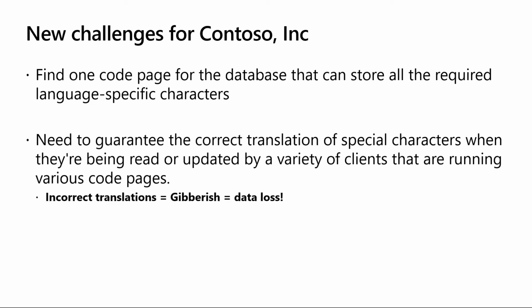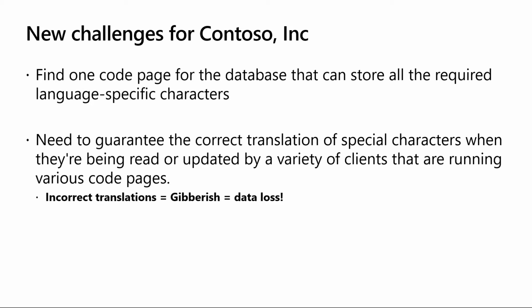They will also need to guarantee that, let's say they go with a design where they have multiple tables, one for each language, and that means that also they will need to change the application, which is a problem in itself. But let's say they do that, and now the application needs to join data from these different tables. These tables have columns with different collations. Obviously, they need to represent that specific character set.